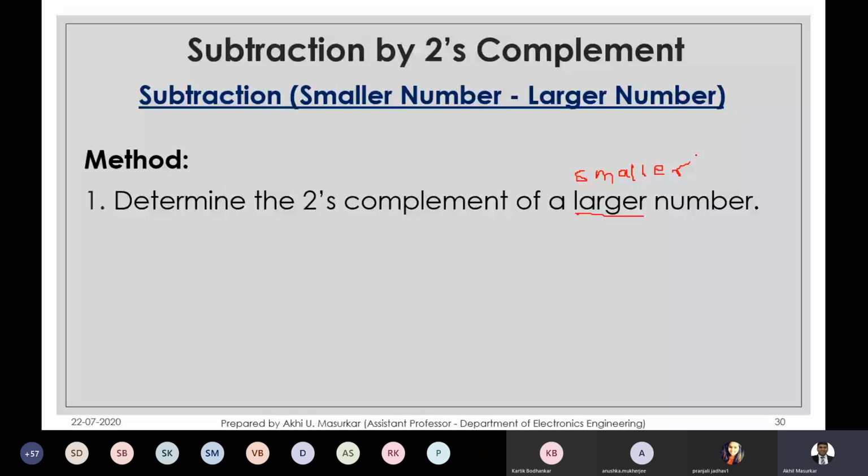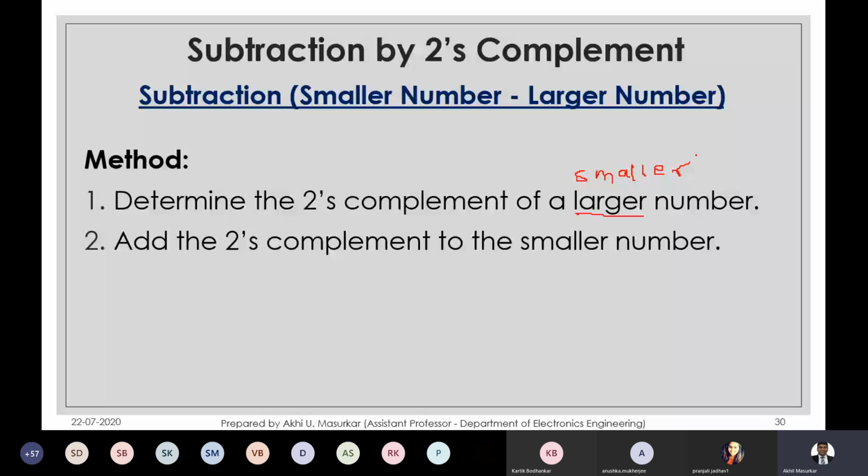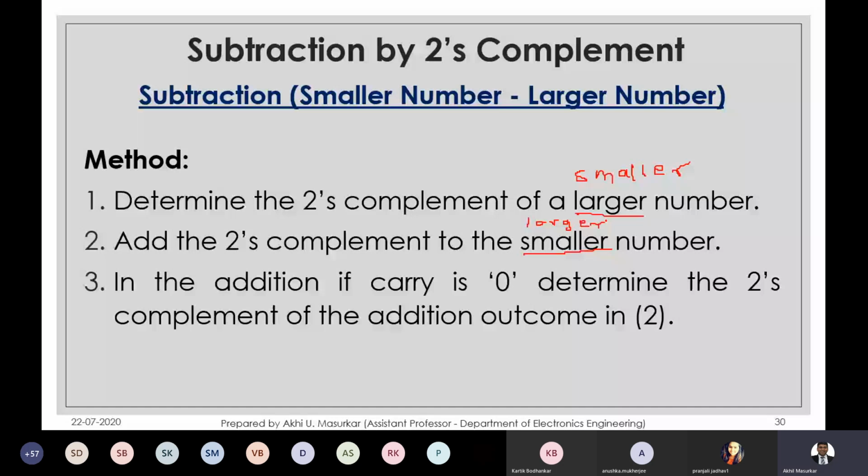Instead of smaller, we had larger in the previous case. And in the addition, if the carry is 0, determine the 2's complement of the addition outcome. So if the carry is 0, then we have to determine the 2's complement.